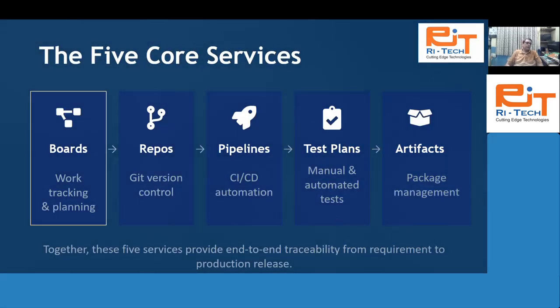So boards will help you to track the work or do the planning. Repos will help you to control the version. Here you can use any version control system. Git is available by default. Besides Git, we have Bitbucket, we can say TFS, and we can use all of those services also.